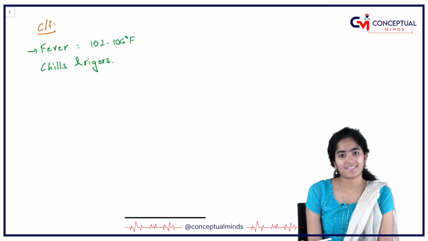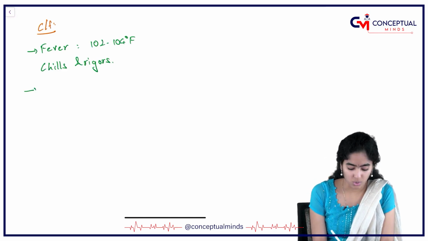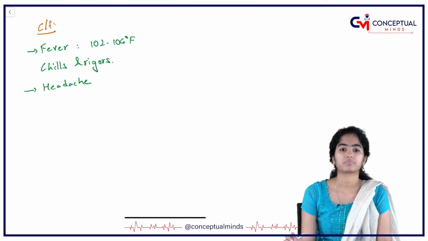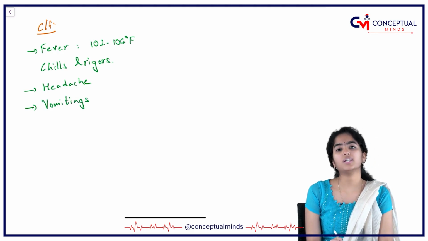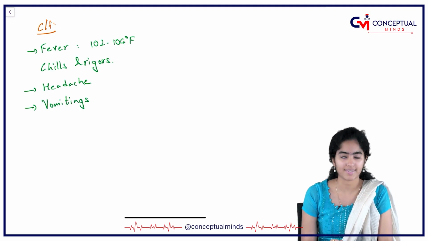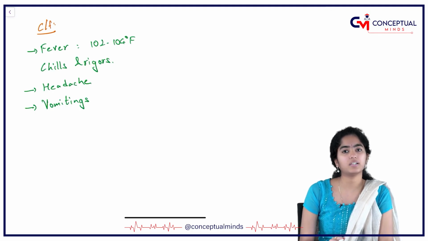Because of the meningeal and cerebral irritation, headache is also experienced by the patient. Then there could be vomitings, for the same reason, because of meningeal irritation, and this vomiting could sometimes be projectile vomiting, that is, it is not preceded by nausea.